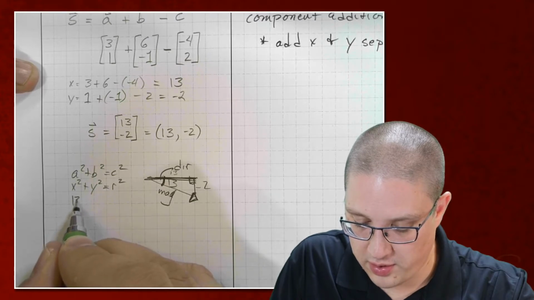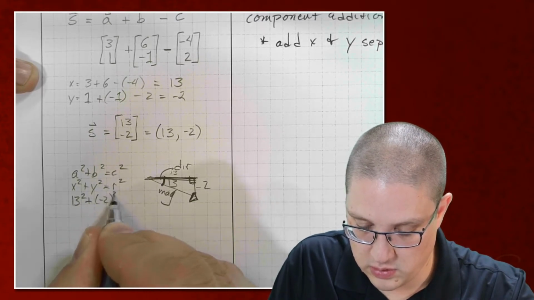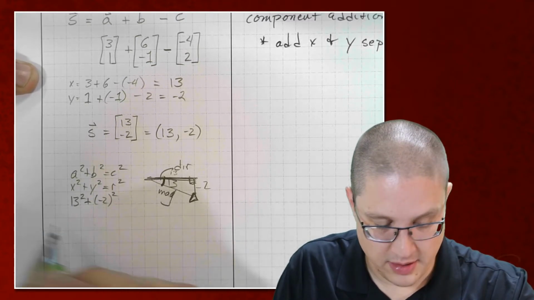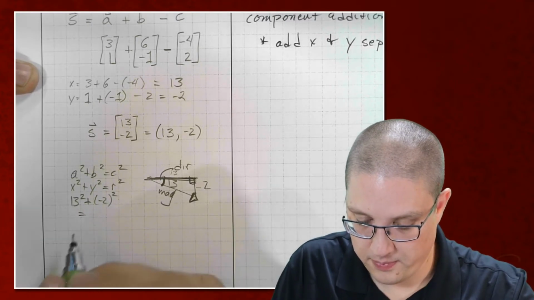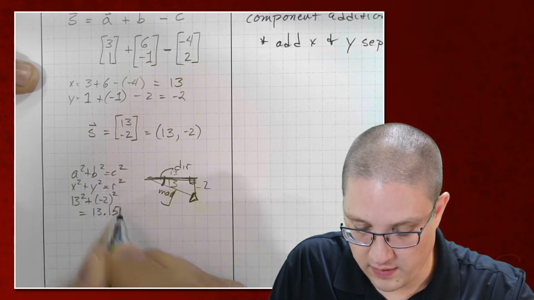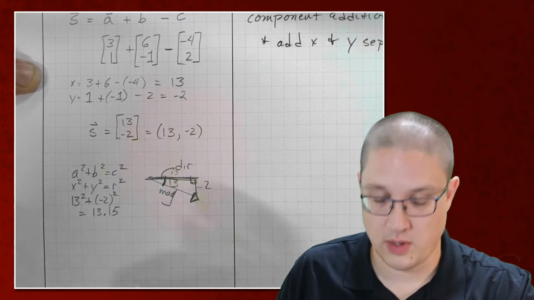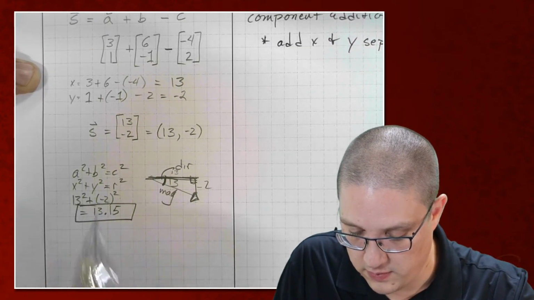So I've got 13 squared plus -2 squared. And that works out to 13.15. And I don't have units here because I didn't have units in the question. So this is my magnitude.